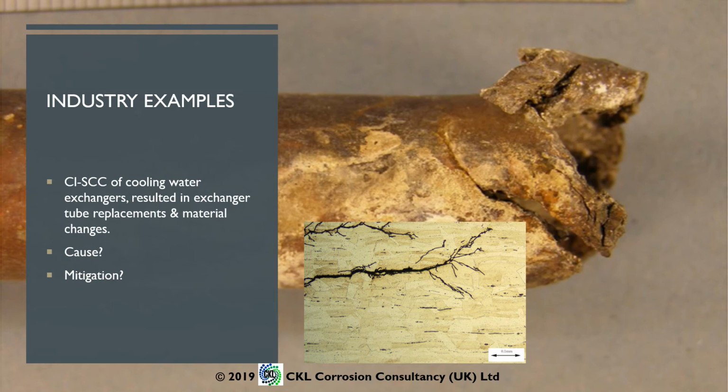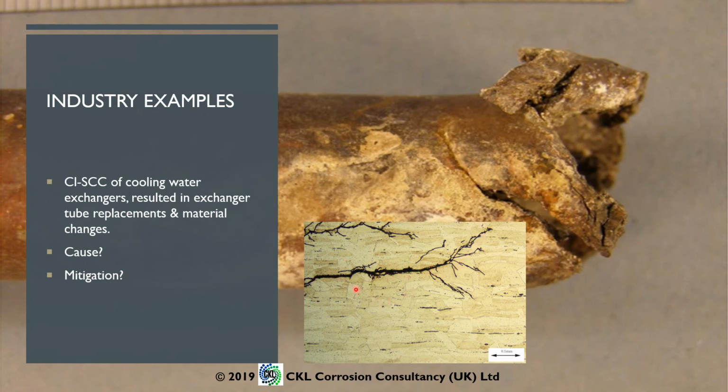Another example, again, of chloride stress corrosion cracking, but this time it's process side related. Although it looks more like an alloy brass or copper material, this is actually a stainless steel tube, 316 austenitic stainless steel. And this has suffered from external chloride stress corrosion cracking. Below you should be able to see a micrograph showing a close-up.